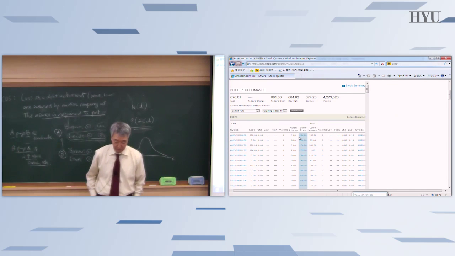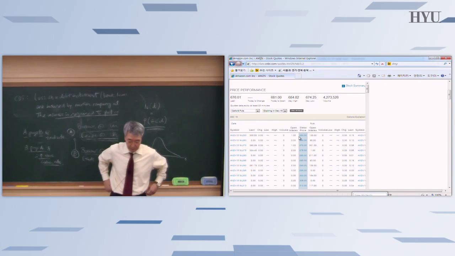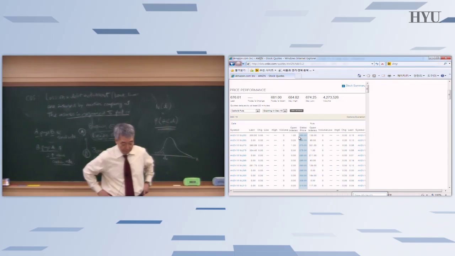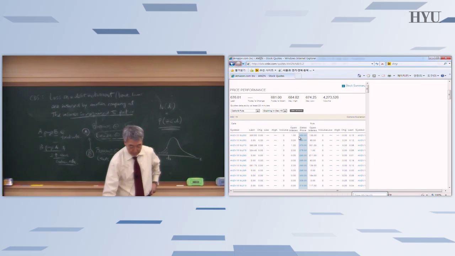Right now, the Amazon price is $676, right? So what happens here? Volumes are zero. I'm sure there are people who are willing to buy, but nobody is willing to sell, right? That's the story here.